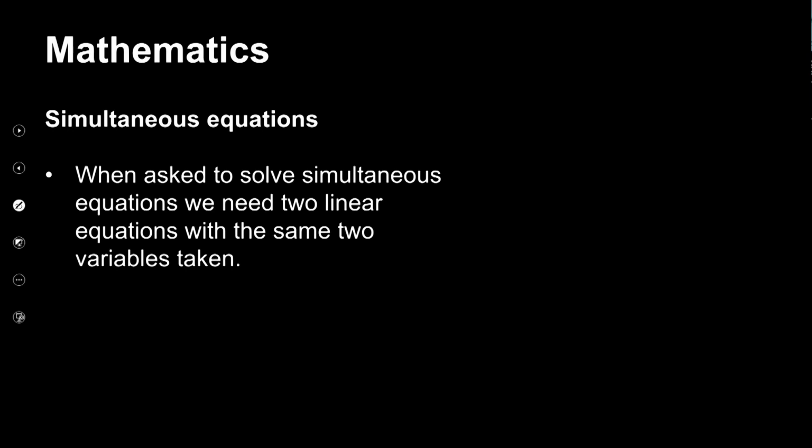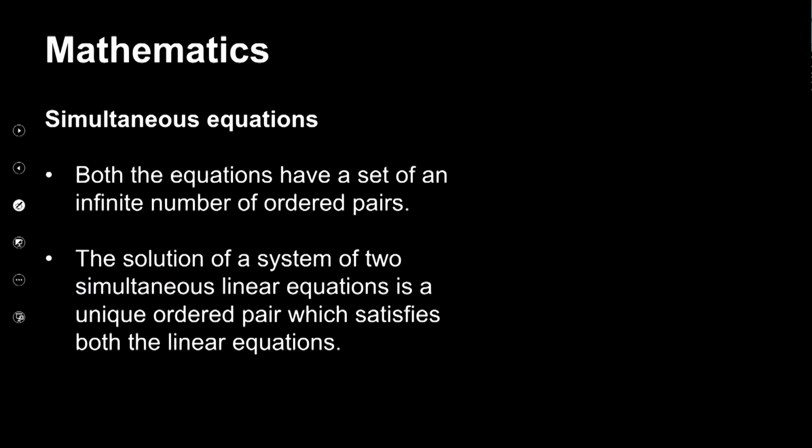Now, when we link it to simultaneous equations, when asked to solve a simultaneous equation, we need two linear equations, because now we're only going to focus on the linear equations and not the quadratic equations. But these two linear equations must have two variables. And why is this important?